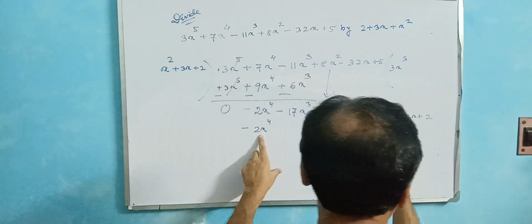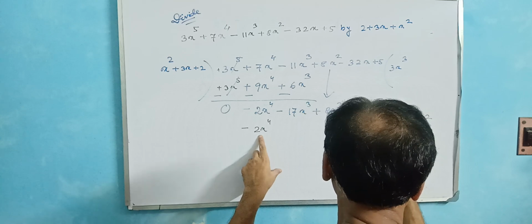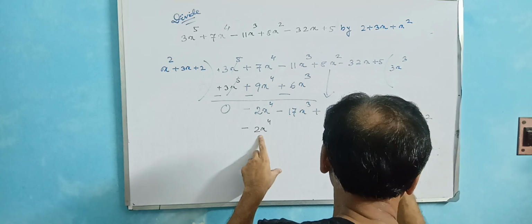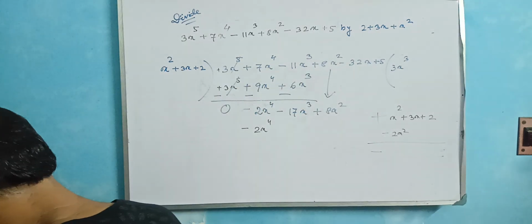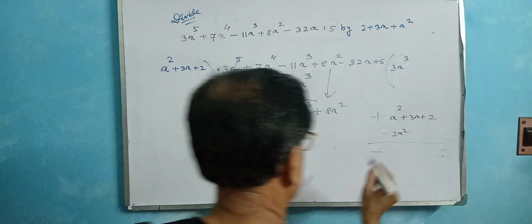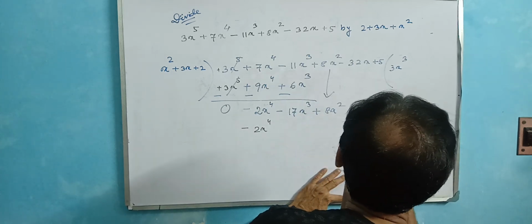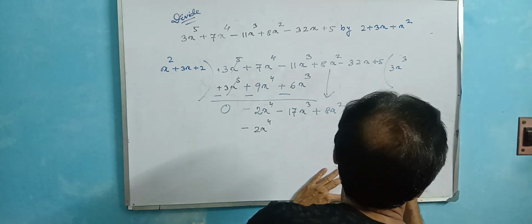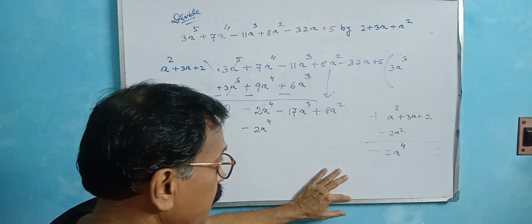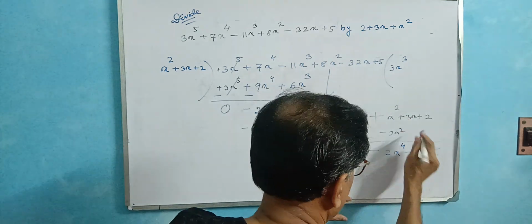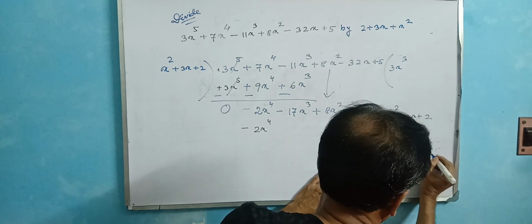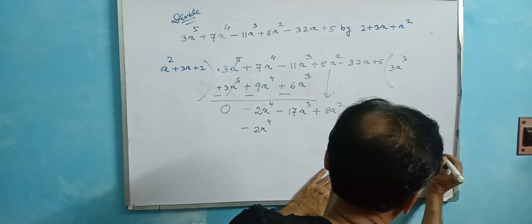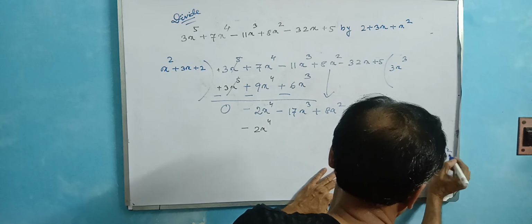Minus 2x to the power 4, so multiply it with 2x square, you get plus minus 2x to the power 4, then plus minus 3, so 6x cube, plus minus 2 to the 4x square. Okay.